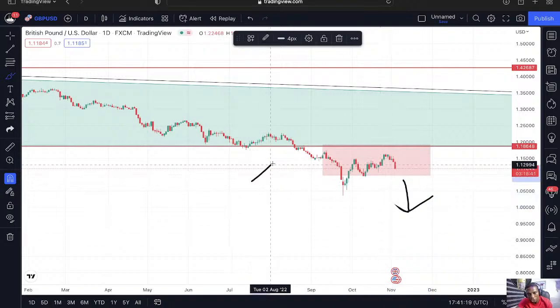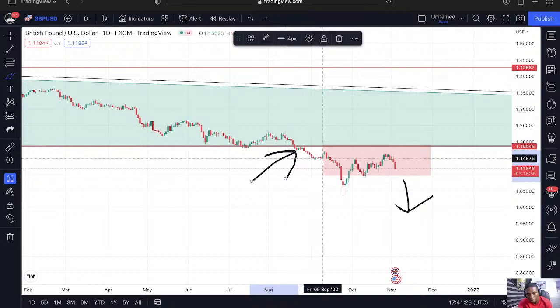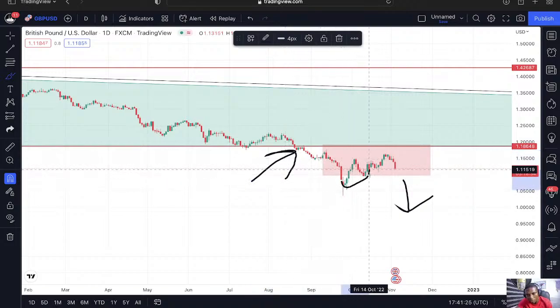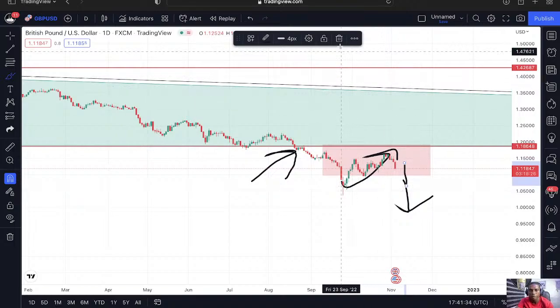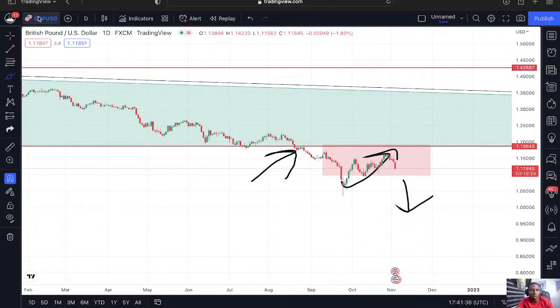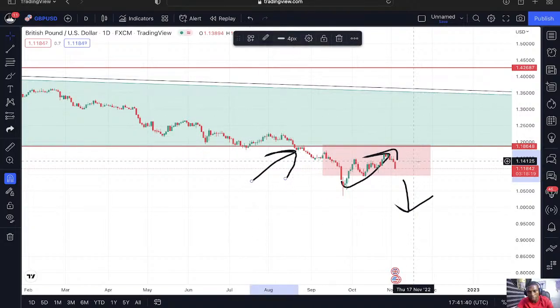Don't forget, this region is a breakout. Okay? It's a breakout region. Then what happened here was a retest. Okay? Then we are seeing a potential fall in price. So what we'll be doing now is to short this market.